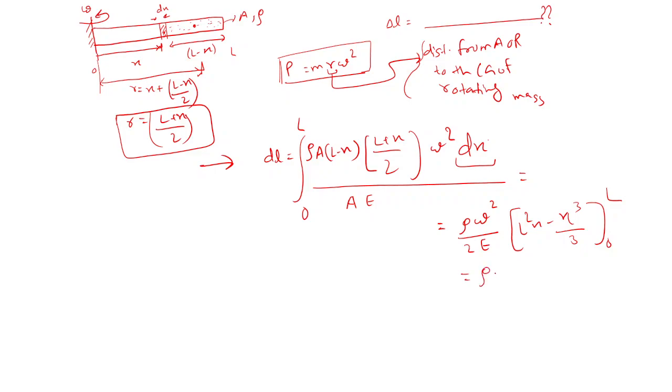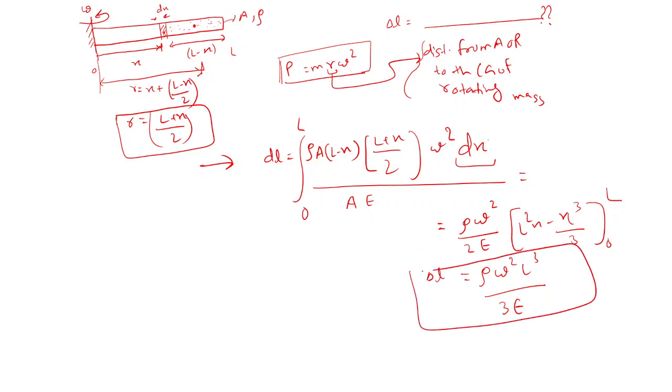It will come rho omega square L cube by 3E. This is the total elongation.